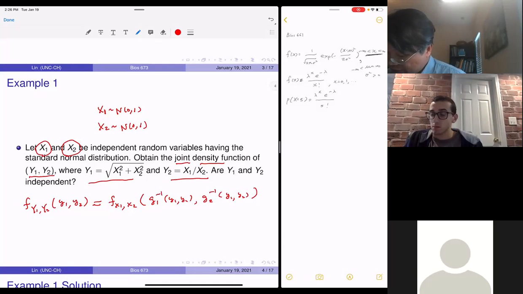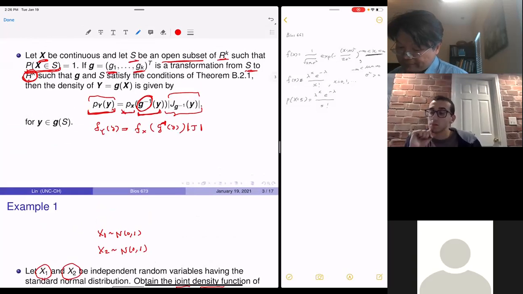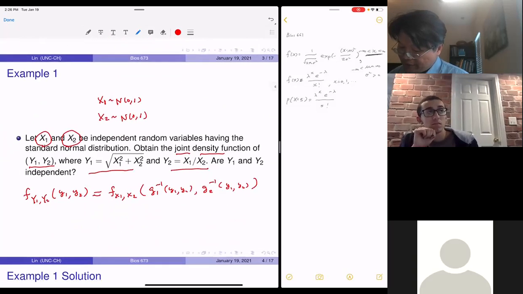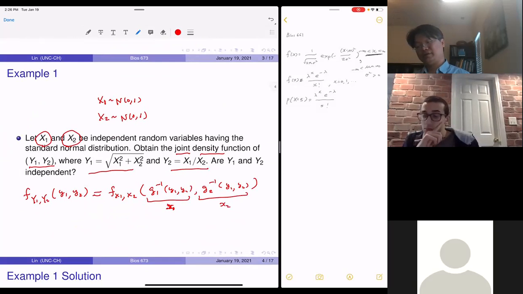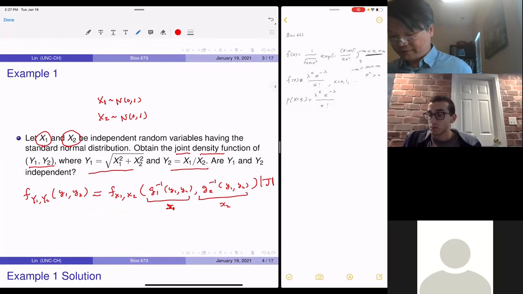That's exactly what I write here: the inverse functions plugged in, with x1 slot and x2 slot right here. Then what's that? The Jacobian. Yes. By principle, it's the same thing.